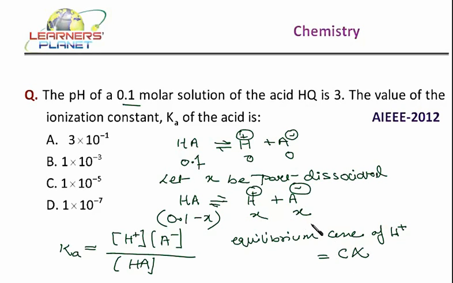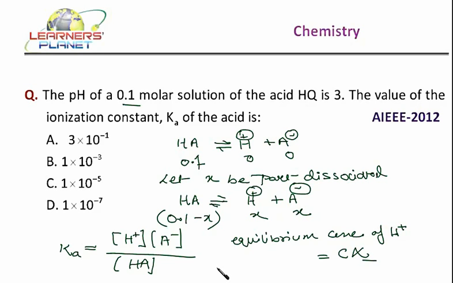So the equilibrium concentration of hydrogen ion would be C alpha. Now students, we know that this is the equilibrium concentration, and what will Ka be then equal to in this case? Let's find out the degree of dissociation in this case.